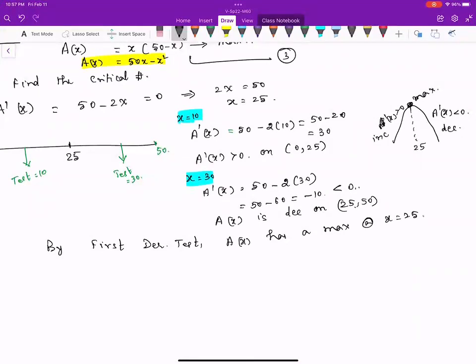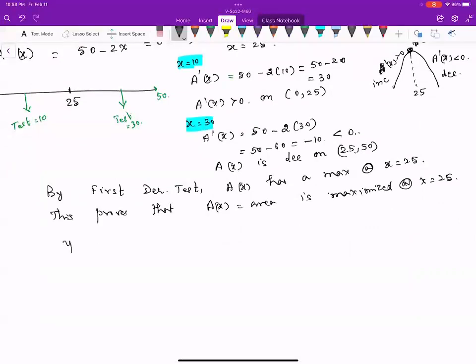Pretty much this proves that the objective function is maximized. A of x, which is the area, is maximized at x equal to 25.